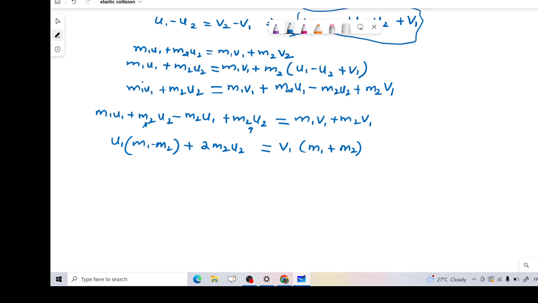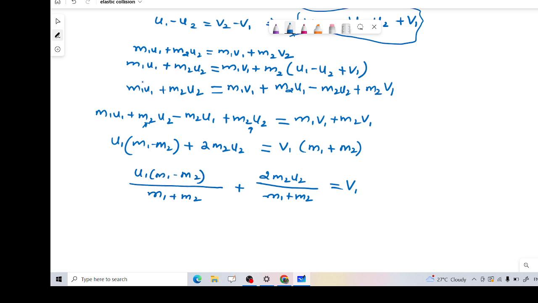Let me simplify this equation. m1 plus m2 goes to the LHS side and becomes the denominator. So the equation becomes u1 times m1 minus m2, divided by m1 plus m2, plus 2 m2 u2 divided by m1 plus m2, and this is v1.